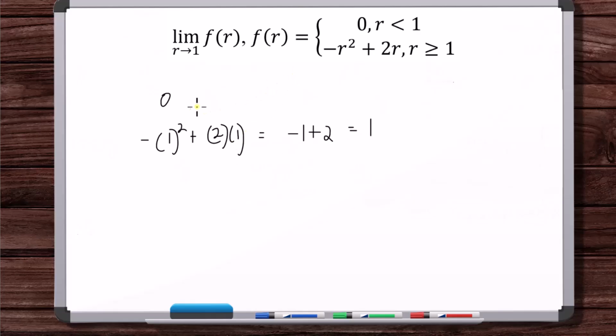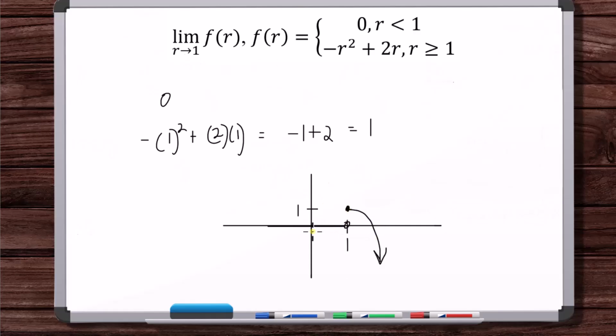So, okay, at r equal to 1, you have a jump discontinuity, right? For r less than 1, this function is equal to 0, so open circle here, and then when r is greater than or equal to 1, you have a 1 here, you have a closed circle, and this is a downward facing parabola, so something like this. So you have a jump discontinuity.